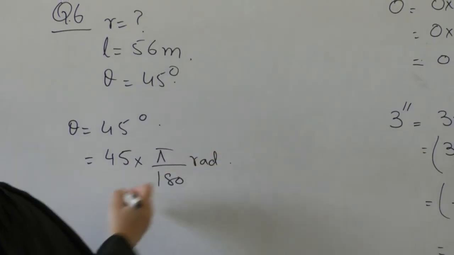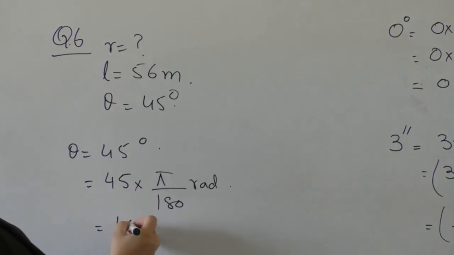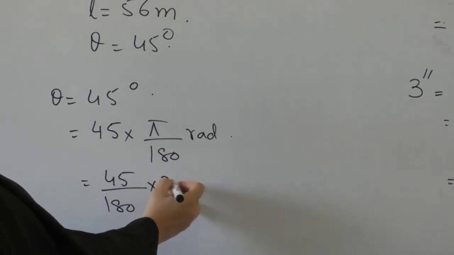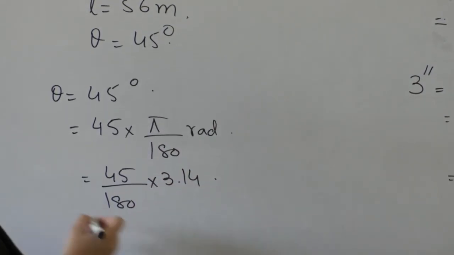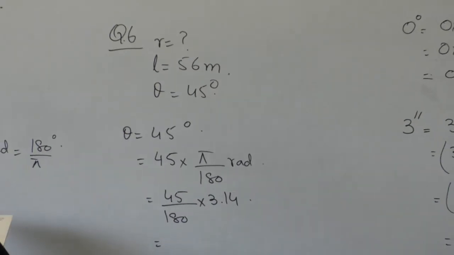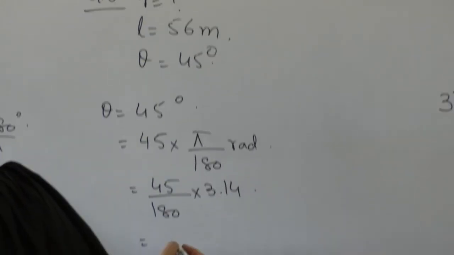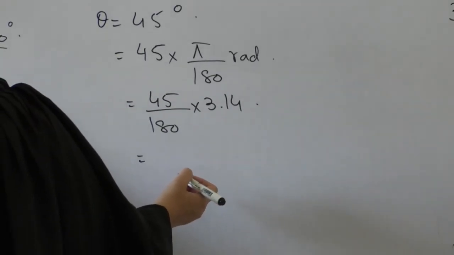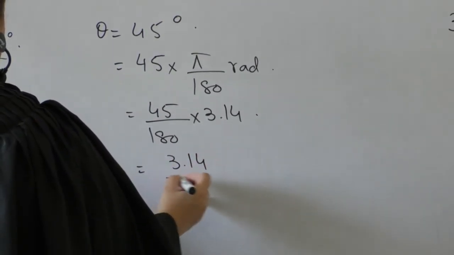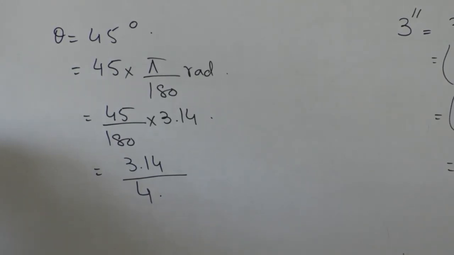So when you simplify using value, because we need a real number, here instead of pi, we will multiply it with 3.14, which is the value of pi. So it becomes 3.14 divided by 4. This is radian.